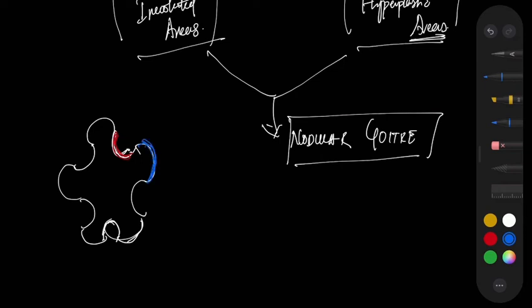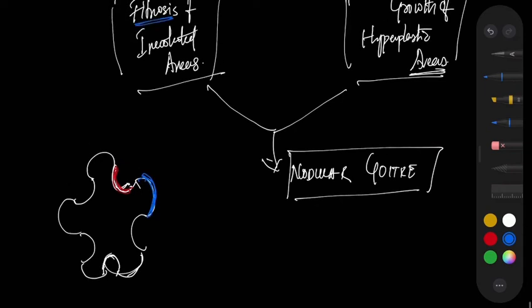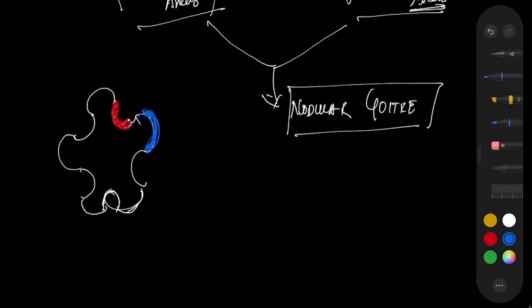The involuted areas were undergoing fibrosis. So there was fibrosis of the involuted areas and growth of the hyperplastic areas. Now, that cycle continued, which led to your nodular goiter.